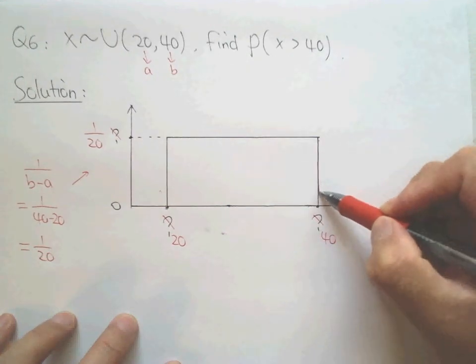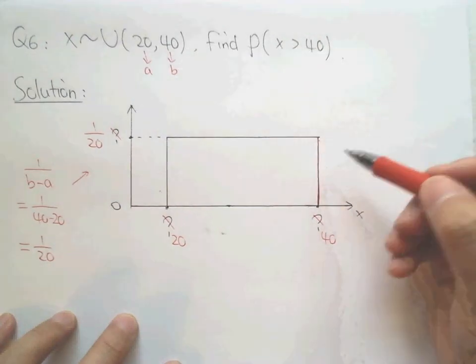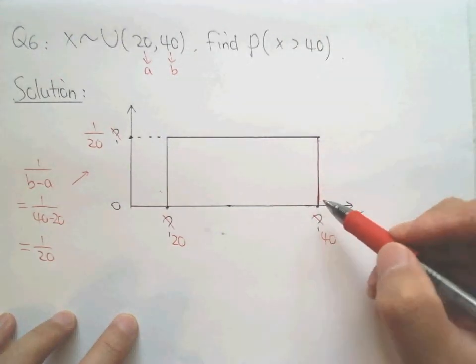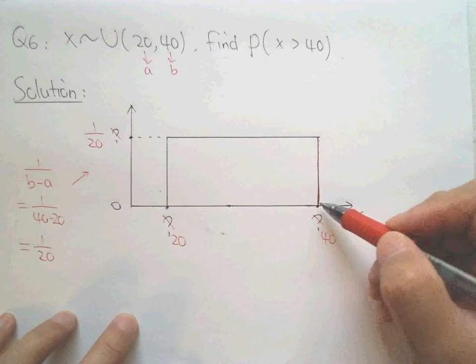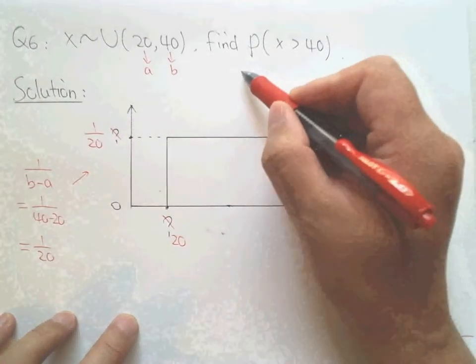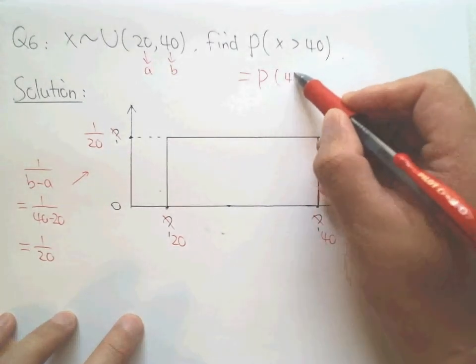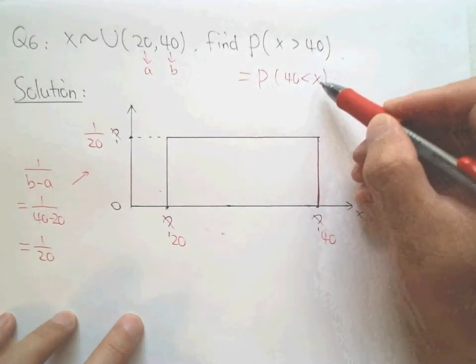The second step, X greater than 40. Okay, this time we have trouble, right? X greater than 40. See, you already find that X equals 40. Greater than. So we have to stop. Just stop at the same point. Why? Because 40 is already the maximum. Or you can think about this.